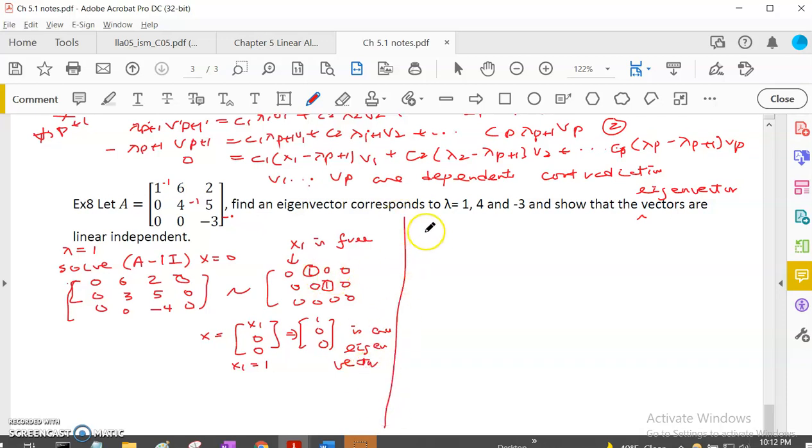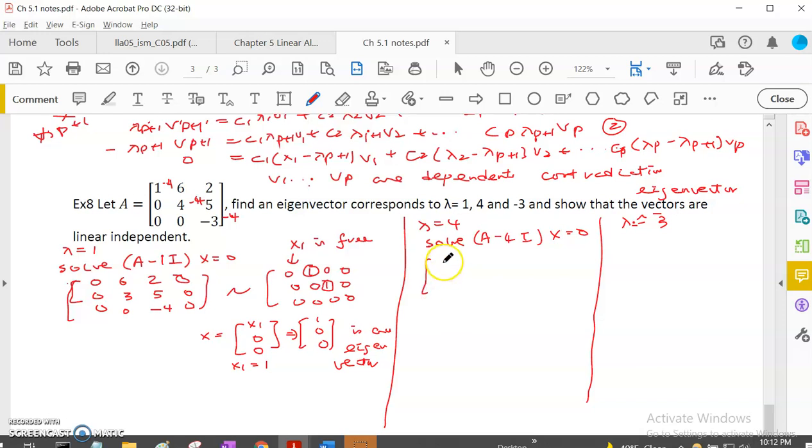For lambda equal to 1, let's do lambda equal to 4. Ooh, do I have enough space? And let's do lambda equal to -3. So for lambda equal to 4, I would say A minus 4I, x is equal to 0. So I have to do minus 4 on all the diagonal entries.